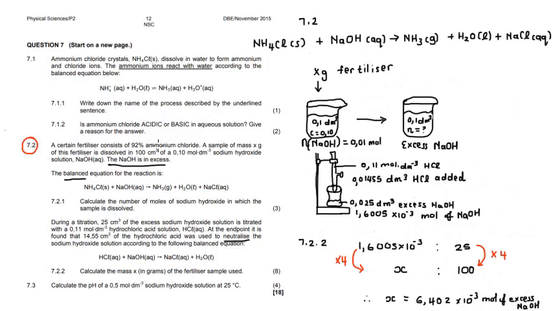Okay, so I'm going to fill that in our diagram here. The number of moles in the excess beaker that we didn't know, we now know is 6.402 times 10 to the minus 3 moles.